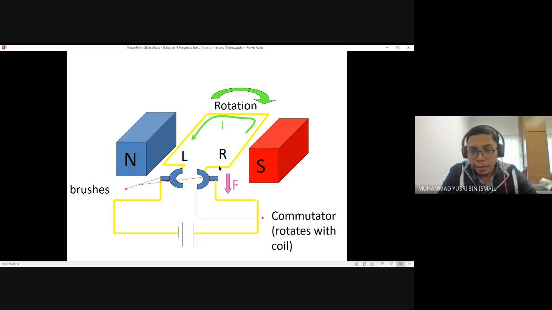And then once the magnetic field tu terbelah, dia akan menghasilkan forces. In this case, the base will be from north to south. This is the forefinger.